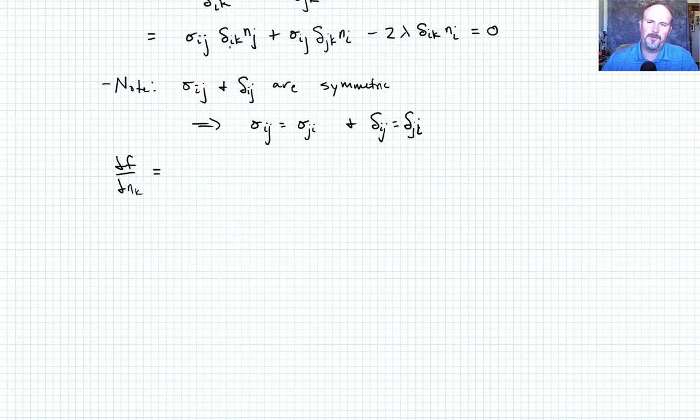Now remember from your homework set that whenever I multiply my Kronecker delta with something like an ik, I'm free to exchange indices. So this first term becomes sigma kj times nj, and this next term becomes plus sigma ik times ni.